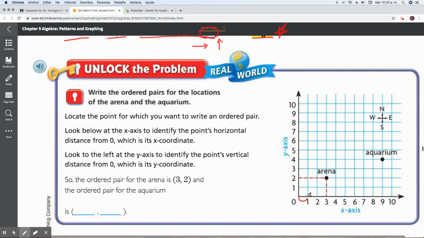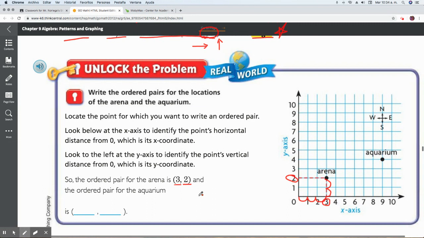We walked 1, 2, 3. So 3 is our first number. Oops, sorry, that number doesn't go there. It's already on right here, 3. To find the second number, we count how many steps we went up. 1, 2. We walked 2 steps on our y-coordinate, so 2 is the second number.